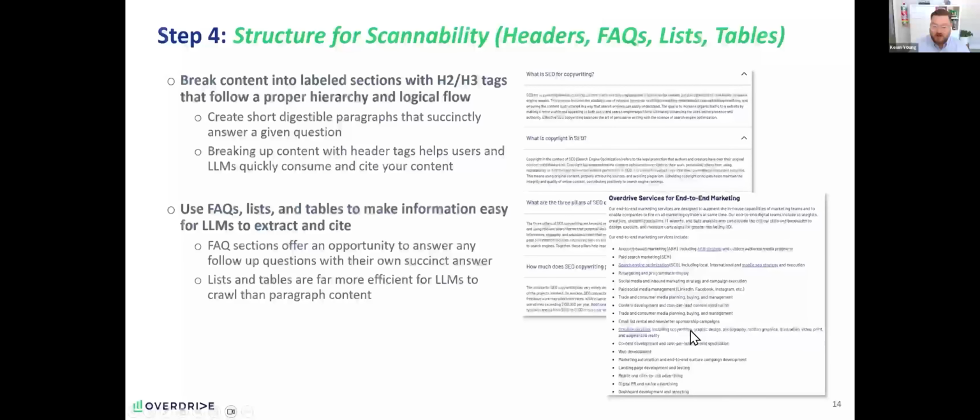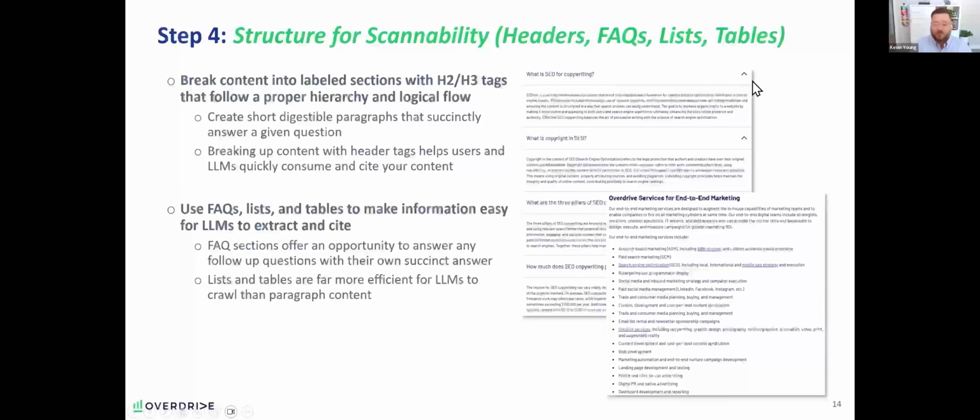Listing things out in this bulleted list is much easier for both humans, us, to scan through with our eyes, but then also it is much easier for the LLMs to consume and interpret. And then, of course, here we have a screenshot of one of our FAQ sections. The point I just want to make here is that FAQ sections don't need to overwhelm a page.